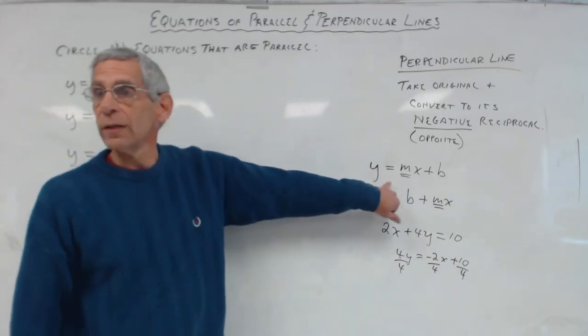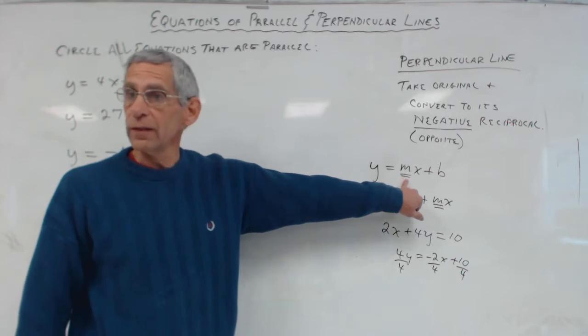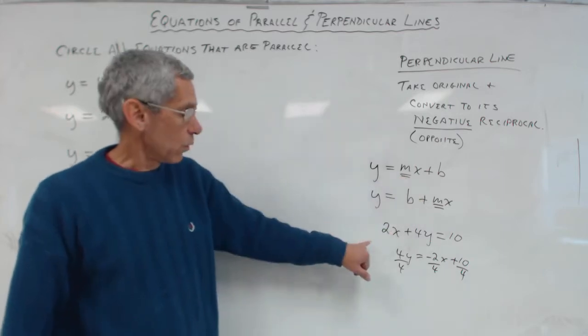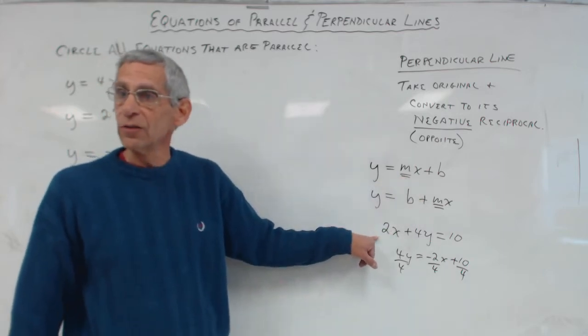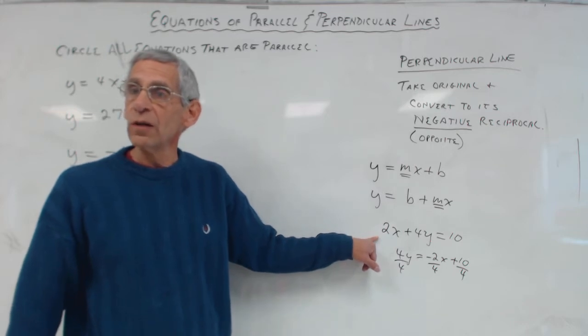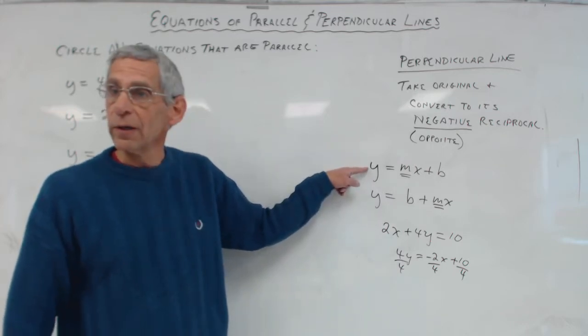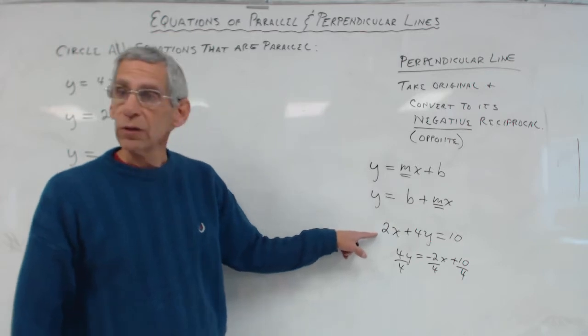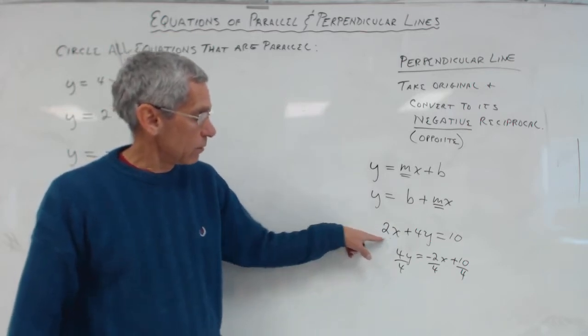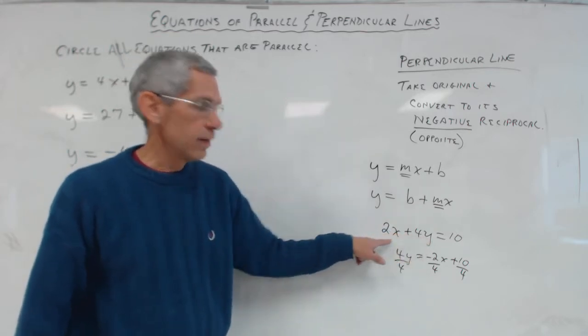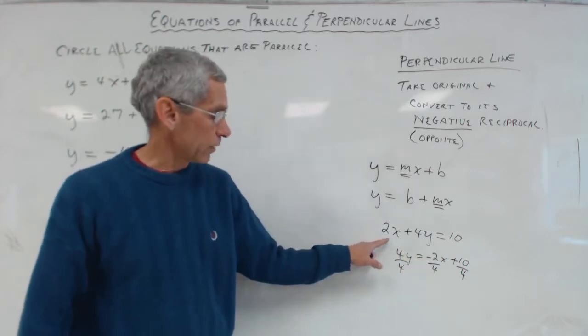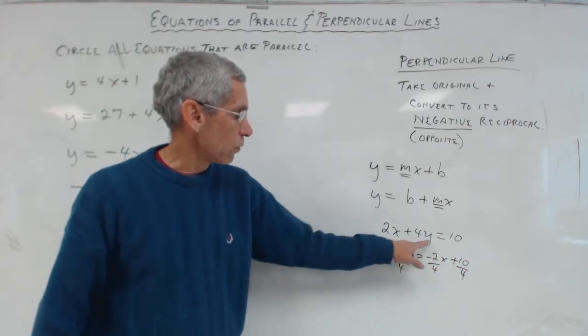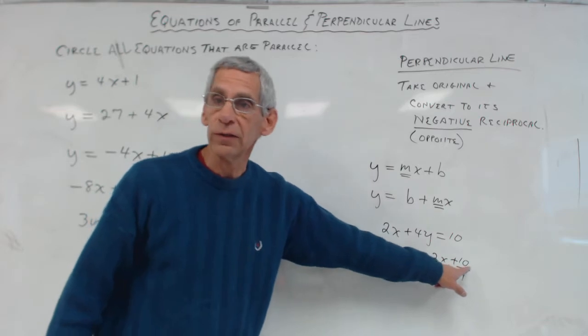When it's in y equals mx plus b, the slope is right there. It's in front of the x. But when it's in standard form, you don't have the slope showing. So you have to convert it to y equals mx plus b. And that's what the homework was last night. We had to move anything that's not a y over to the other side. I subtract 2x, so I got 4y is equal to negative 2x plus 10, right?